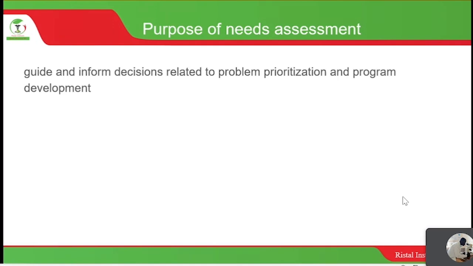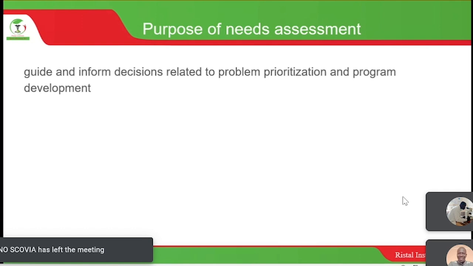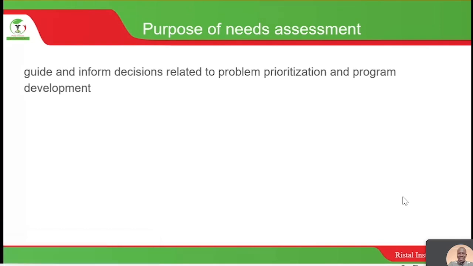Remember, when you collect data in this needs assessment, it can help in ranking problems in the community according to their urgency, severity, and impact. So this ensures that the most critical and high-impact issues are addressed first.